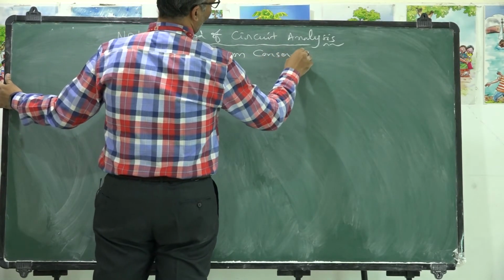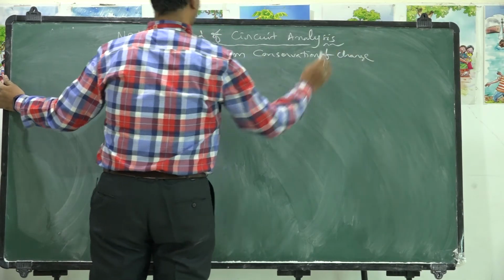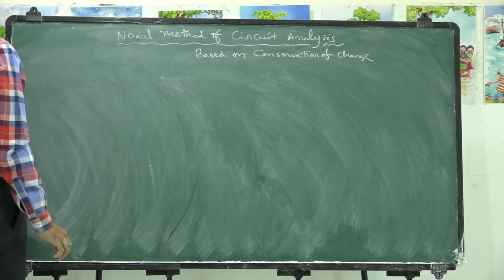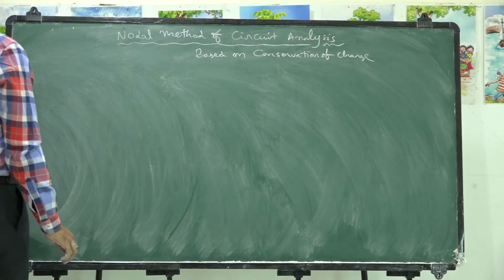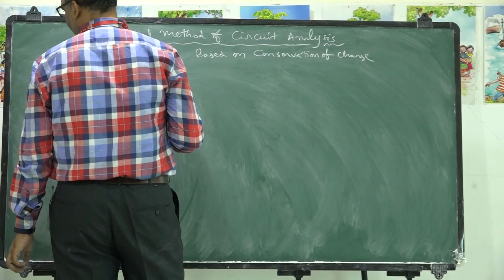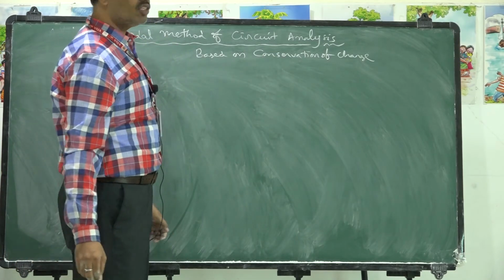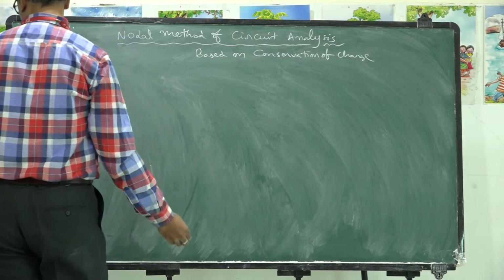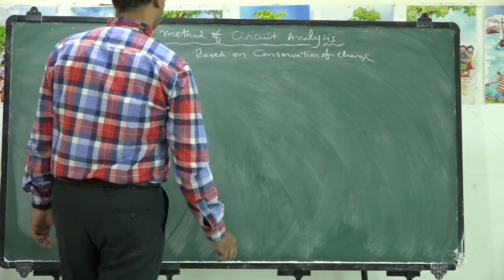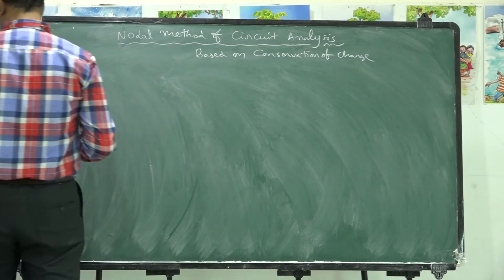What is conservation of charge? Total charge in an isolated system is conserved. Conservation of charge means total charge on an isolated system is conserved or remains constant. Actually, there are three steps to apply nodal analysis.